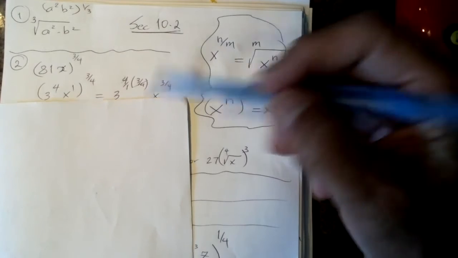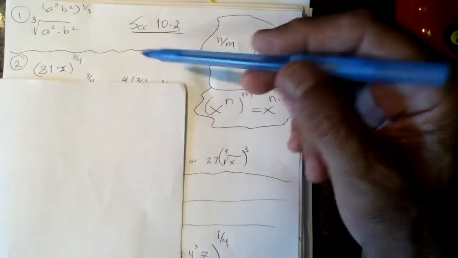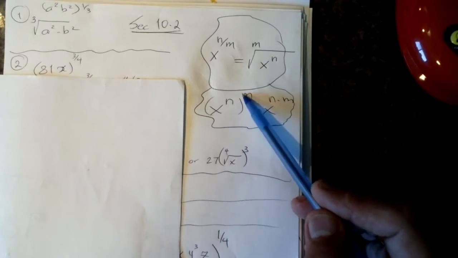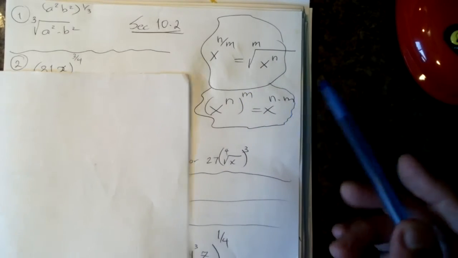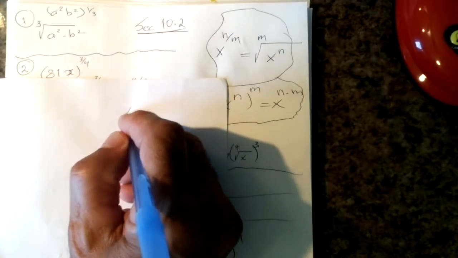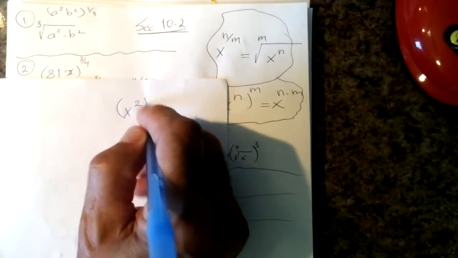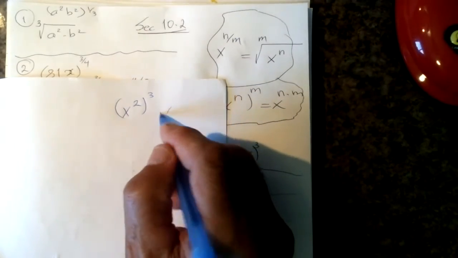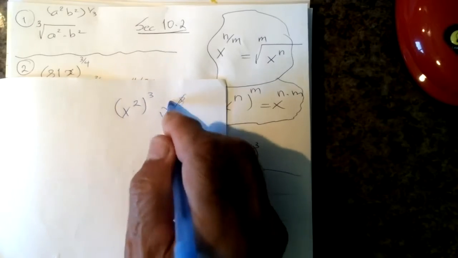But in a case like this, there is a second formula: if you have more than one power, you always multiply. Let's say I have x to the power of 2 and the whole thing to the power of 3. It's not x to the power of 8. This is not correct.